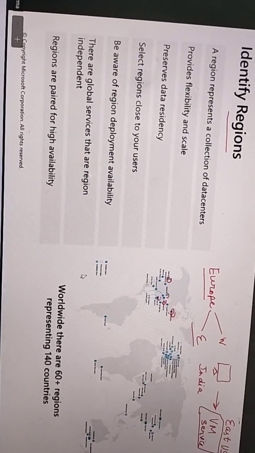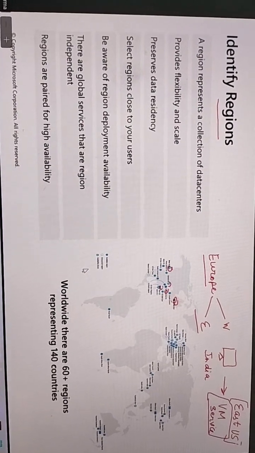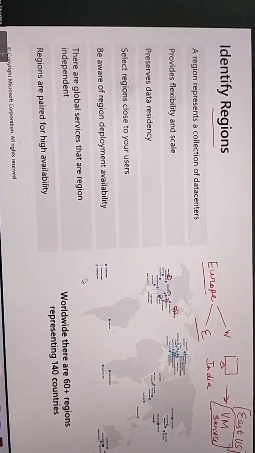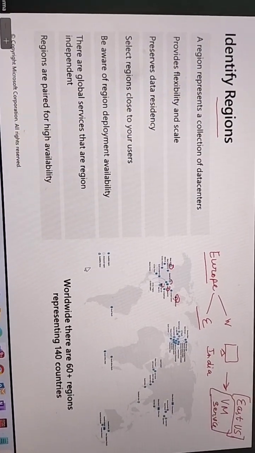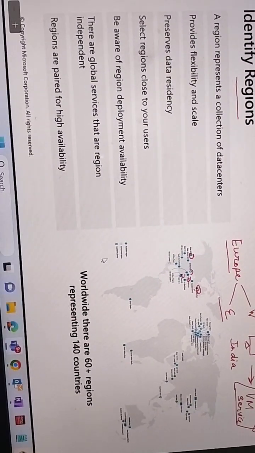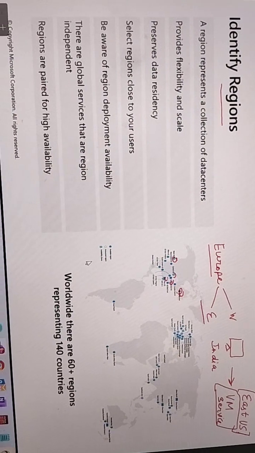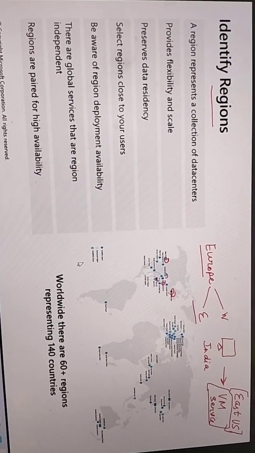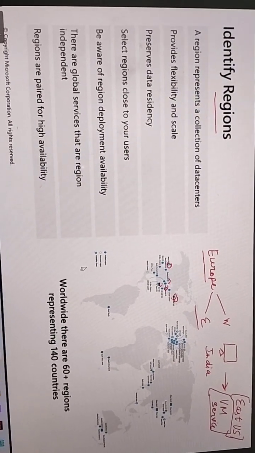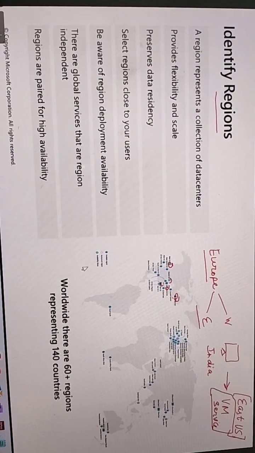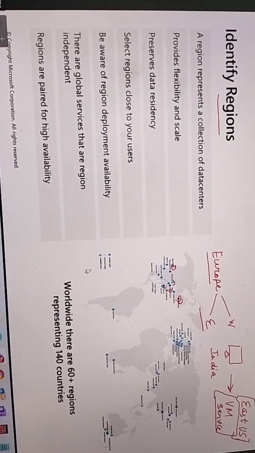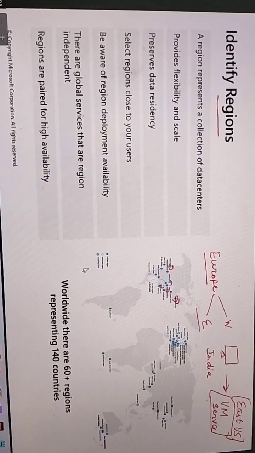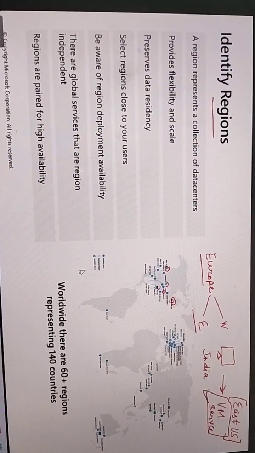Can you avail this VM service from the East US region? Yes, you can avail, because it doesn't matter physically where you are sitting. You can avail the service from any region, right? But yes, the condition is that the particular service should be available in that particular region, right?